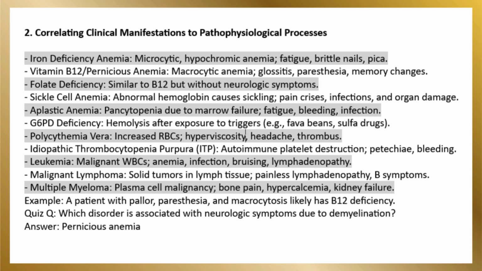And correlating clinical manifestation to pathophysiological process. This is actually one of the learning outcomes from this chapter. The book has 7 questions, and this is question number 2. And in the next video, actually, I will go one by one.